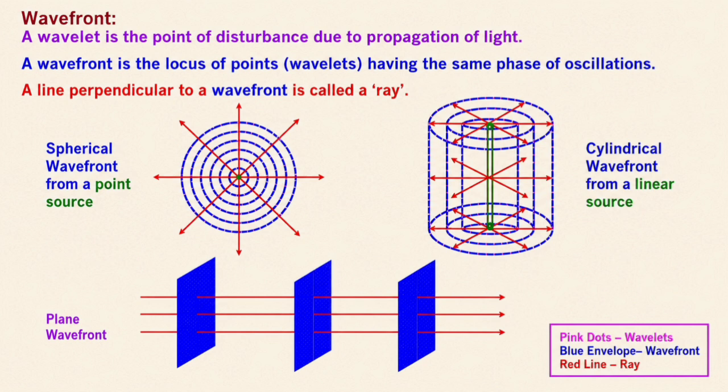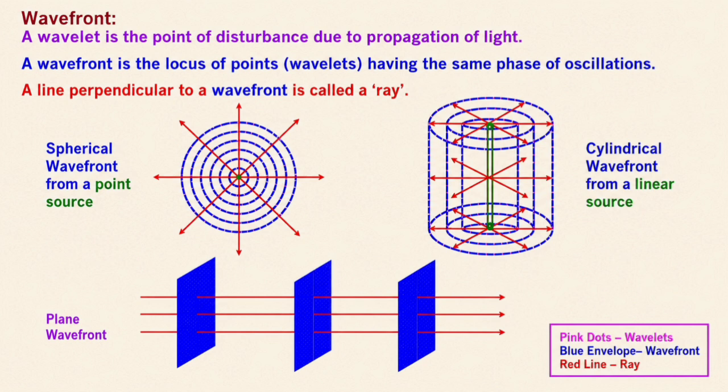Now for a linear source, you can see the wavefront will be cylindrical, and for an infinite source the wavefront will be a planar wavefront. And this red line is basically showing the direction of propagation of the disturbance, that is the light ray.